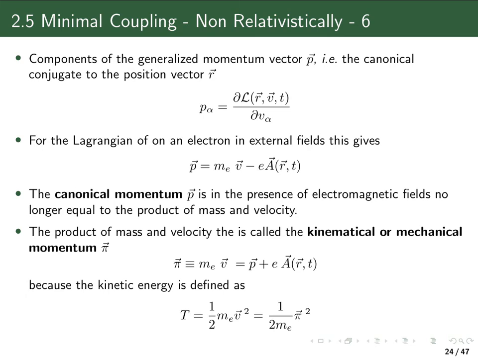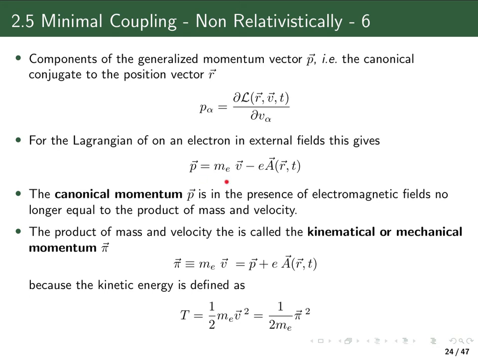That's the kinetic energy. Whereas the canonical momentum here is the one which enters into the classical Hamilton function, and that's also the operator which we normally have in quantum mechanics. What we have to do now is insert this canonical momentum in our expression for the Hamilton function.